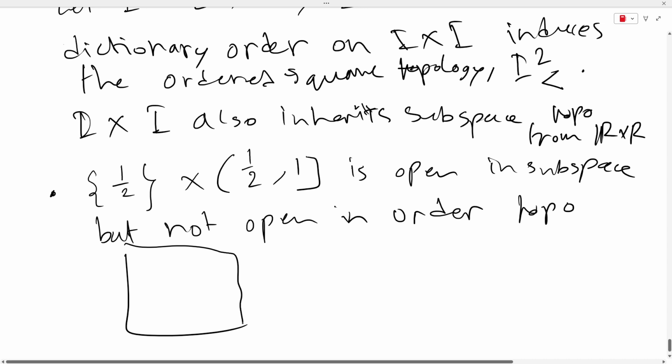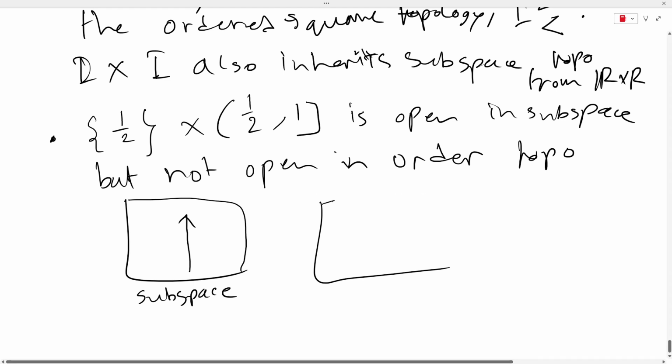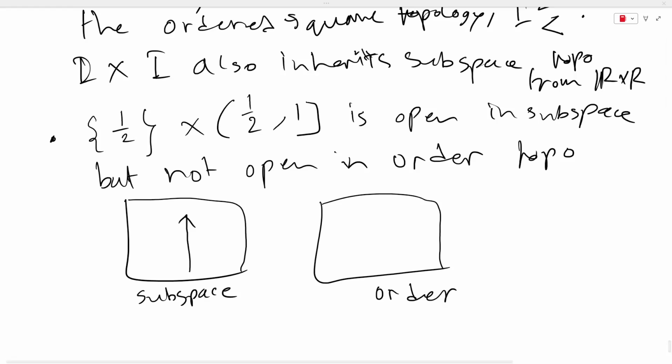This figure illustrates it. You fix this line, so this is in the subspace, and it's actually because of convexity, which we will look into now, and that's the last thing we look into for today, and then some examples and we will be finished. So in the ordered topology, this product will create some lines like this, but this is not open in the ordered square topology.